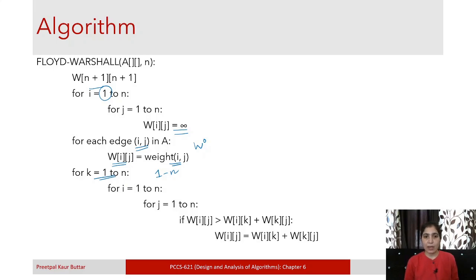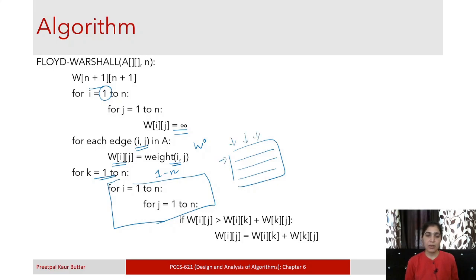For each iteration of the k loop we have to iterate over the entire matrix row wise. Therefore we need the i loop and j loop, and at each cell we are making a decision. What is that decision?